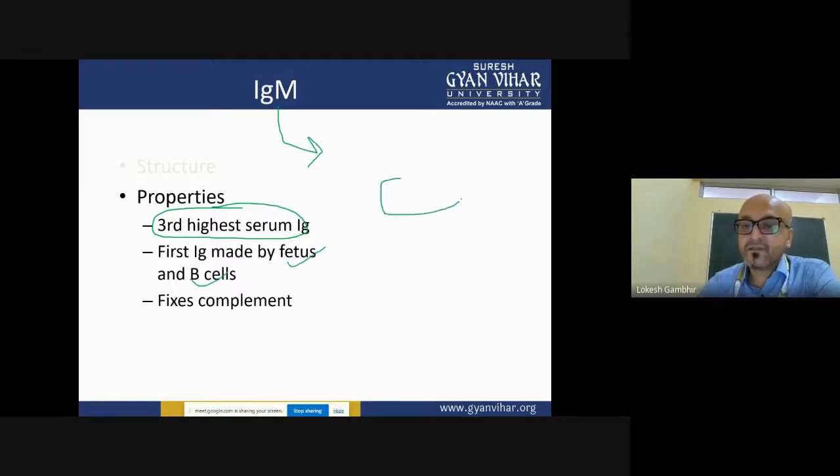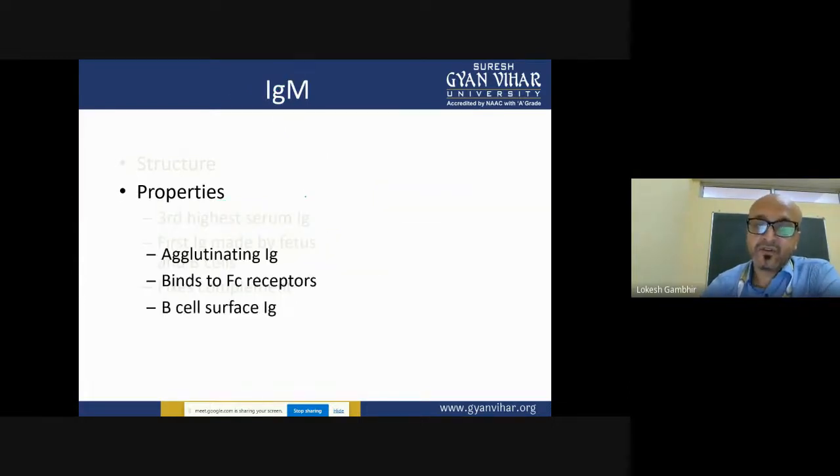B cells first of all prepare IgM, and the fetus also first prepares IgM. That is the immunoglobulin secreted first in response to any antigen, and it can also lead to activation of the complement pathway. Because it's pentavalent, it can aggregate effectively.